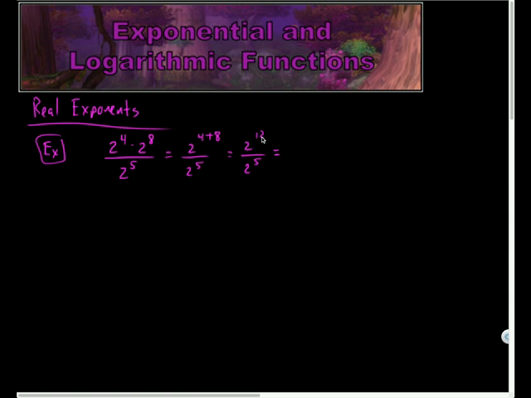The larger is in the numerator, so I will have 2 to the 12 minus 5, and I will get 2 to the 7th. If I wanted, I could evaluate 2 to the 7th, which is 128. So there are two properties that were applied there: the product of powers, in which you add the exponents, and the quotient of powers property, in which we subtract the exponents.